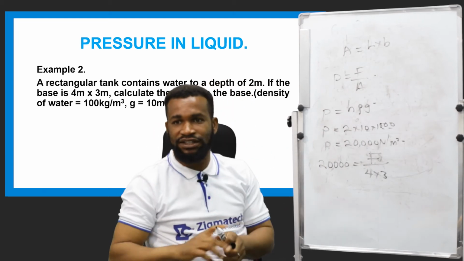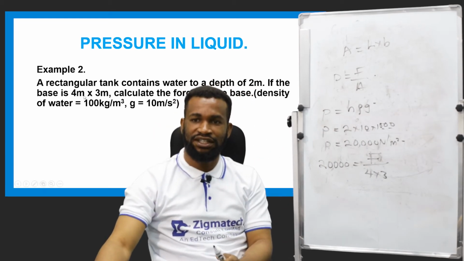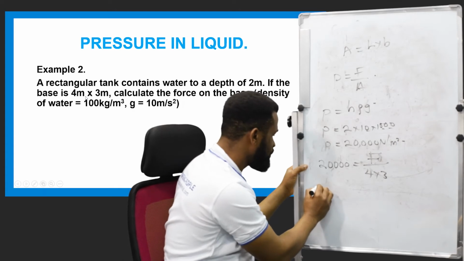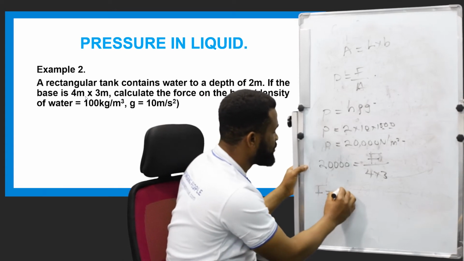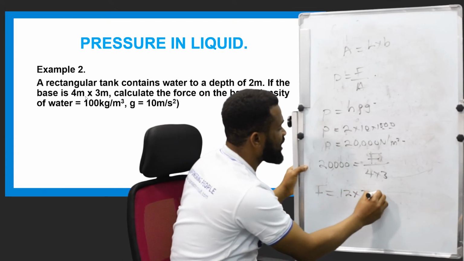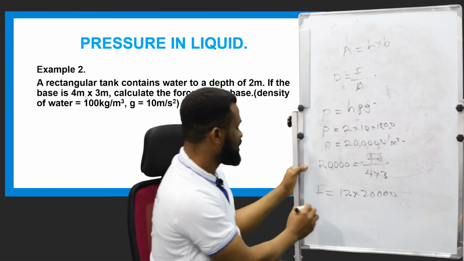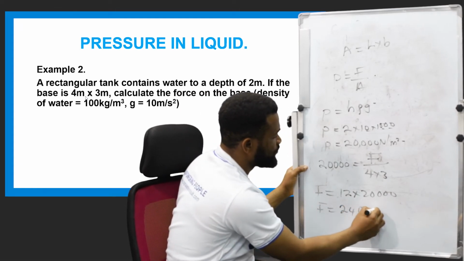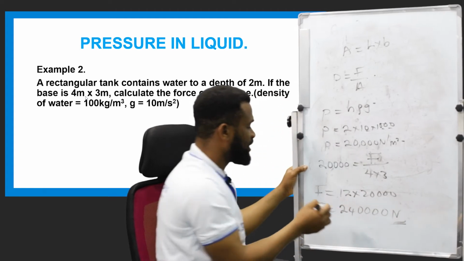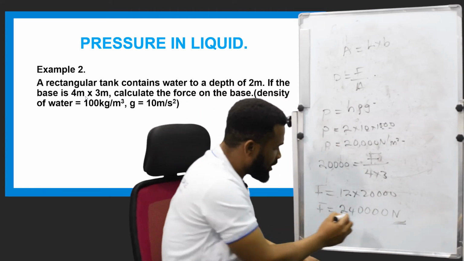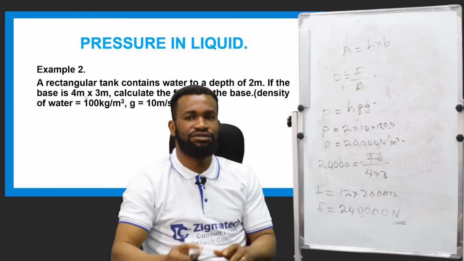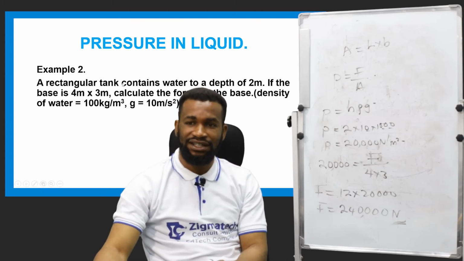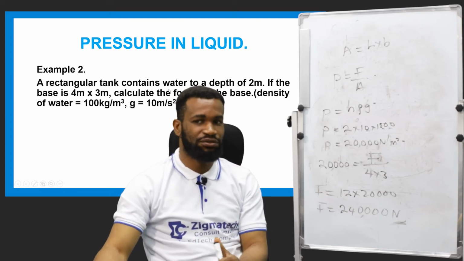And the length and breadth, according to this rectangular tank, is 4 times 3, which is 12. So the force is going to be 12 times 20,000, and the force is going to be 240,000 Newton on the tank according to this question.